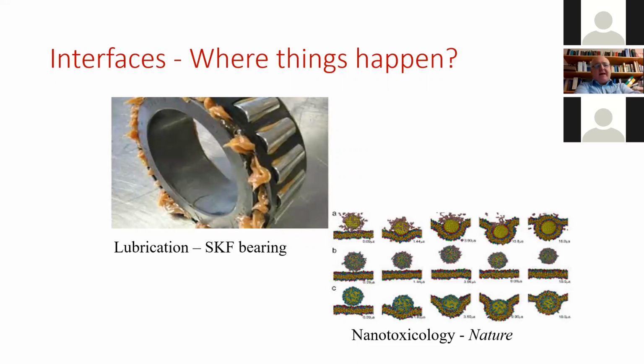But I want to spend most of my time talking about some examples of experiments where nanostructures and interfaces come together. Interfaces are really very important. They're where things happen, whether it be as catalysts for reactions, whether it be viruses interacting with cells and infecting people.